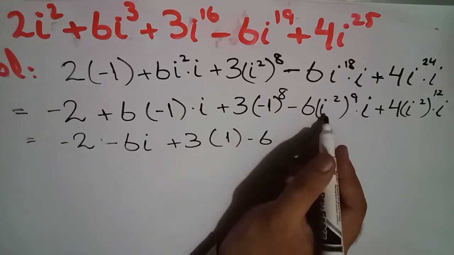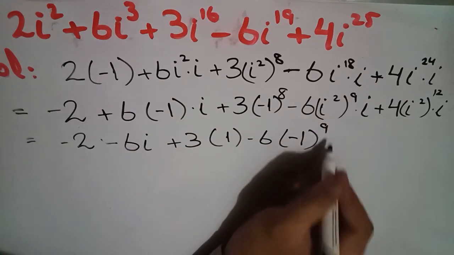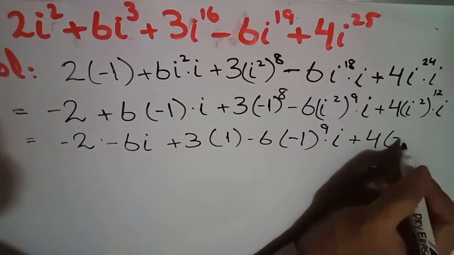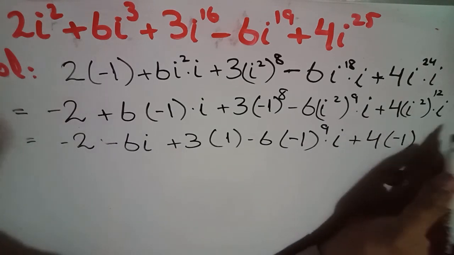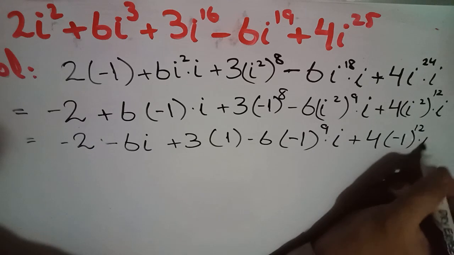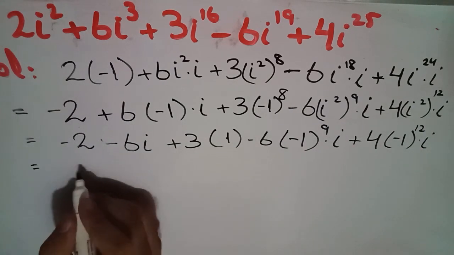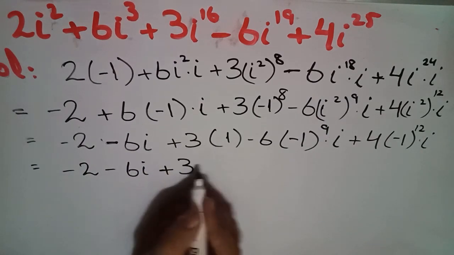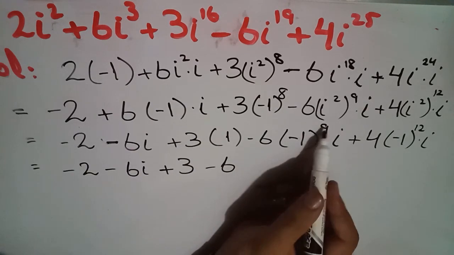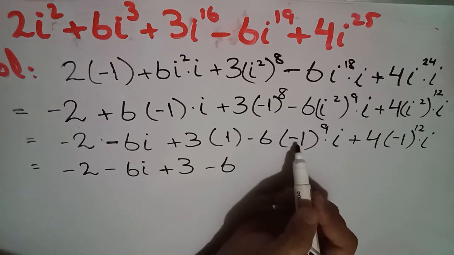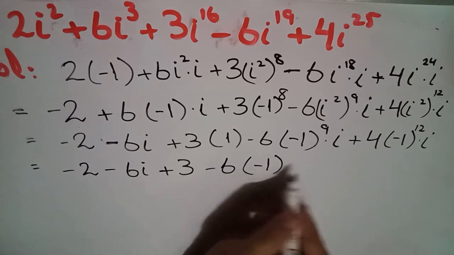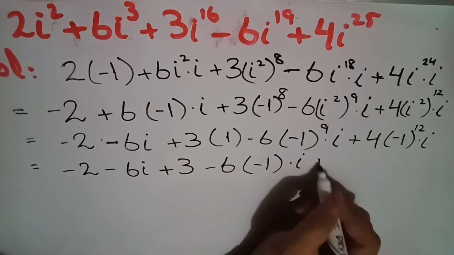Minus 6 iota square is equal to minus 1's power 9 and into iota, plus 4 iota square's power 12, so you can write minus 1 in place of iota square and whole power 12 into iota. And in the next step you can write minus 2 minus 6 iota plus 3 minus 6. If the power of any negative integer is an odd quantity, the answer will be negative, and this iota can be written with this, plus 4.